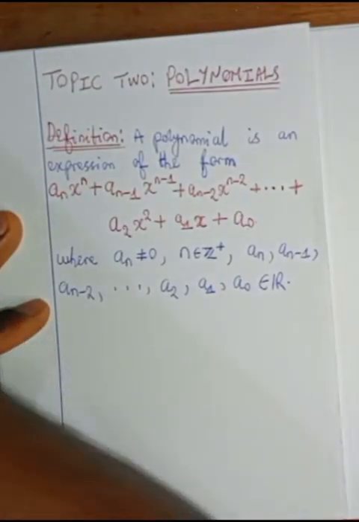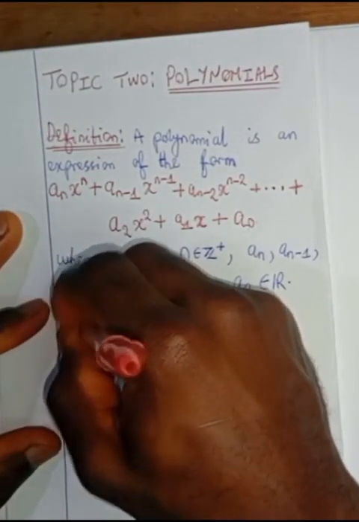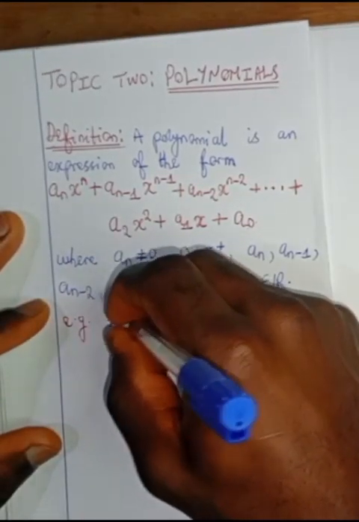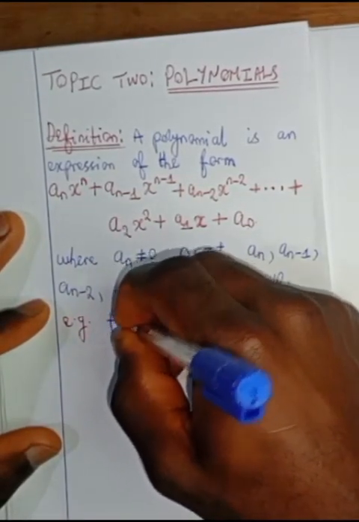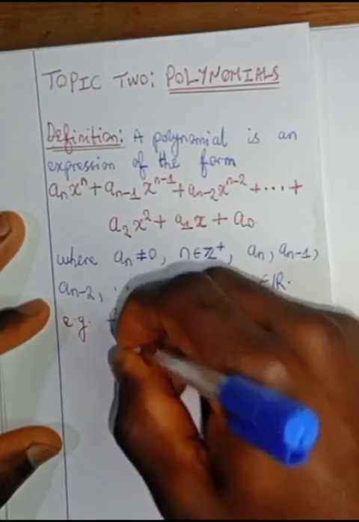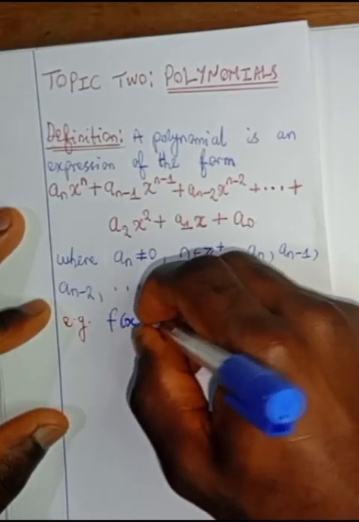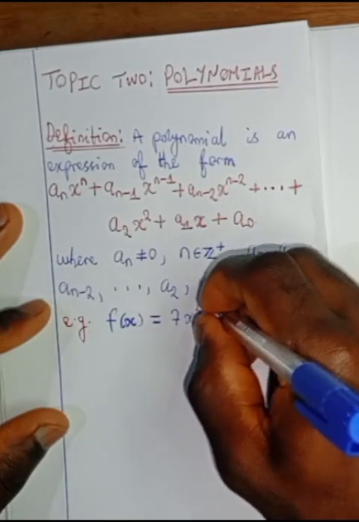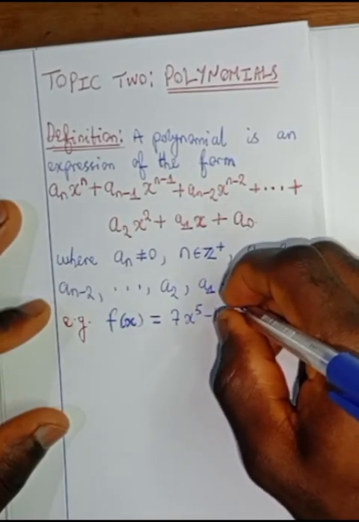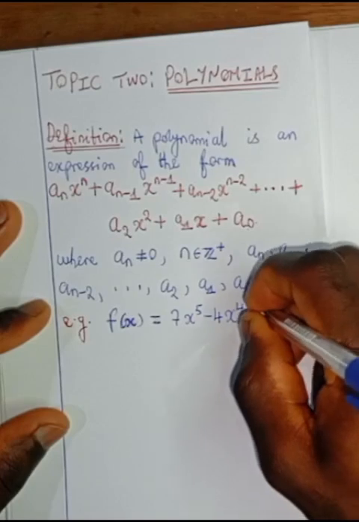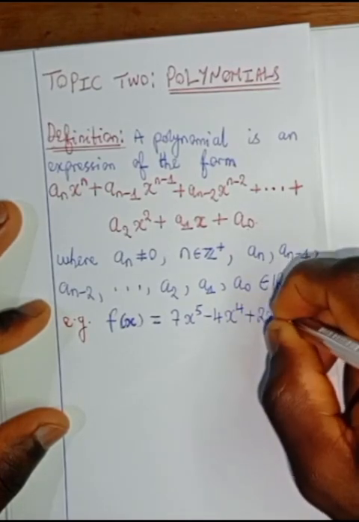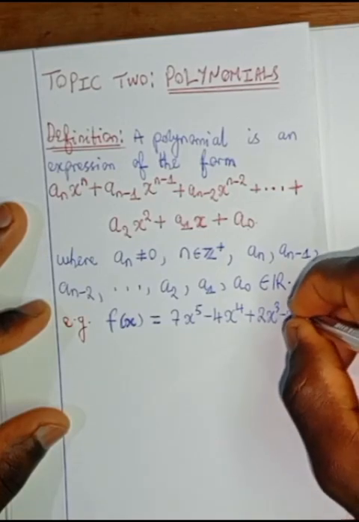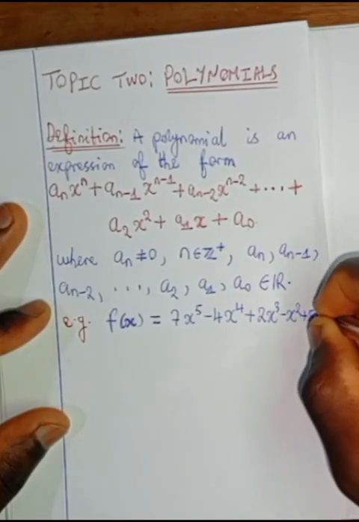Let's take an example of a polynomial, e.g. f of x is equal to 7x to the power 5 minus 4x to the power 4 plus 2x cubed minus x squared plus 5x plus 1.